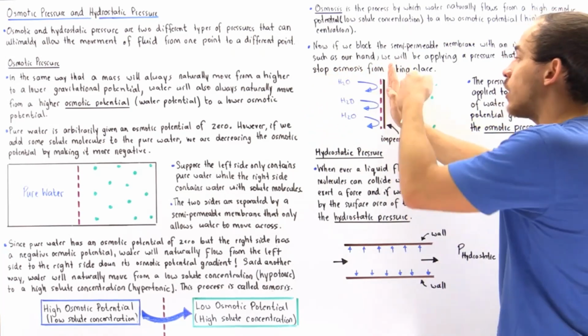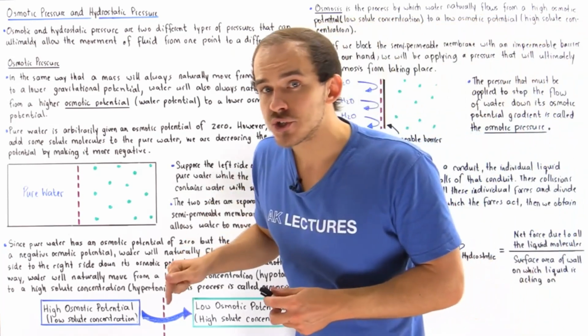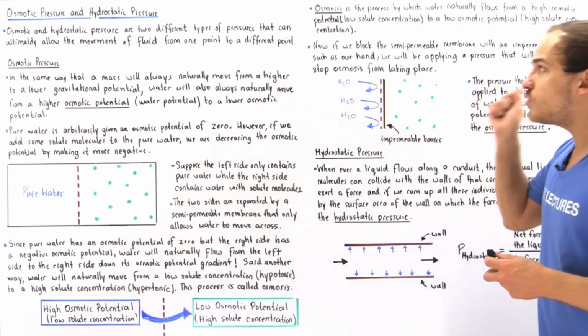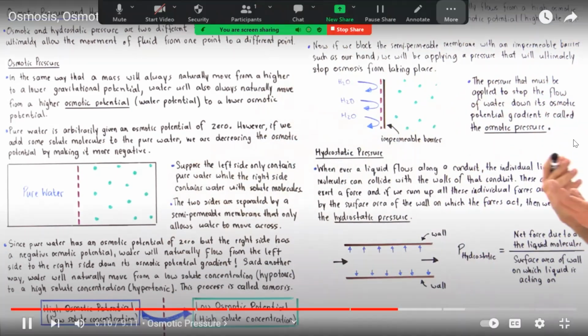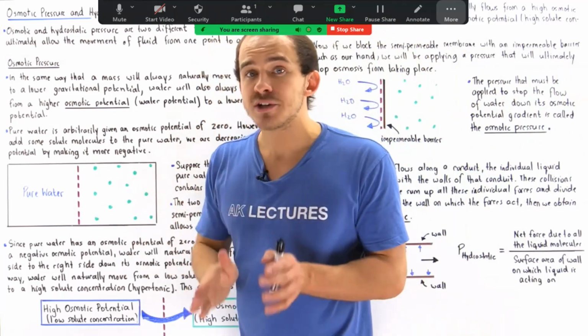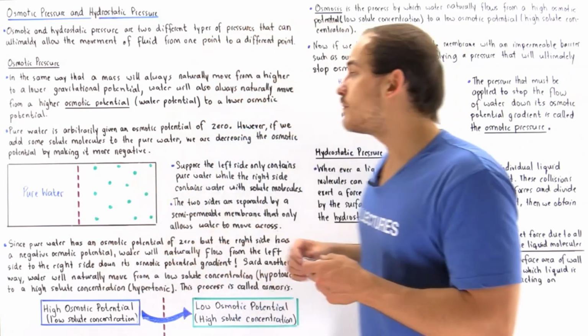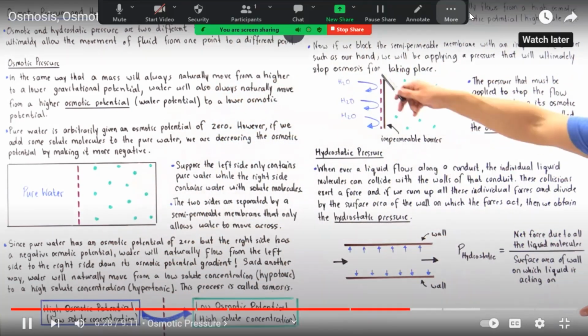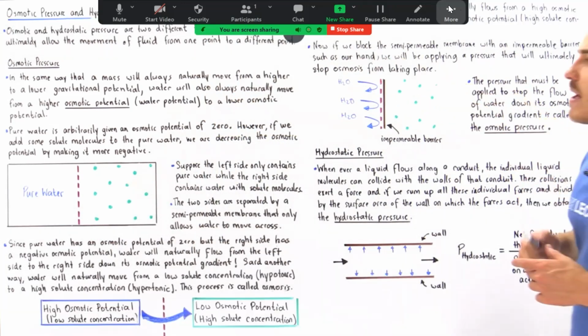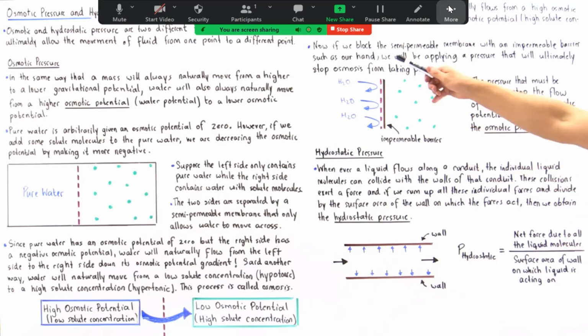And that's because our hand, the impermeable barrier, actually creates a pressure that prevents that osmosis from taking place. And that's exactly what osmotic pressure is. Osmotic pressure is the pressure that needs to be applied to actually prevent osmosis from taking place. So if we block the semi-permeable membrane with some type of impermeable barrier, for example, our hand, we will be applying a pressure that will ultimately stop osmosis from taking place.